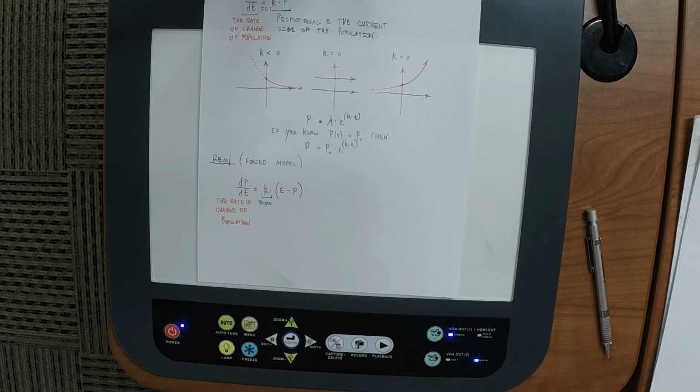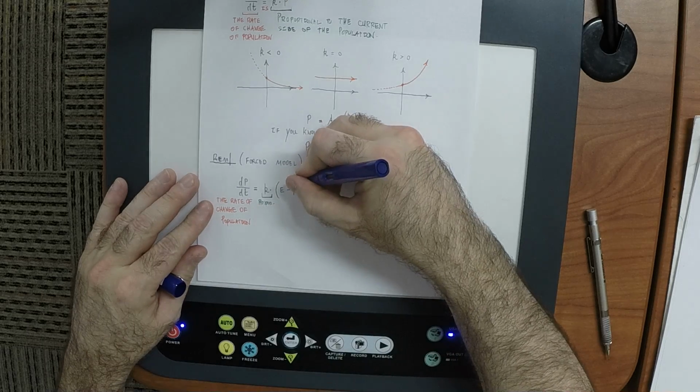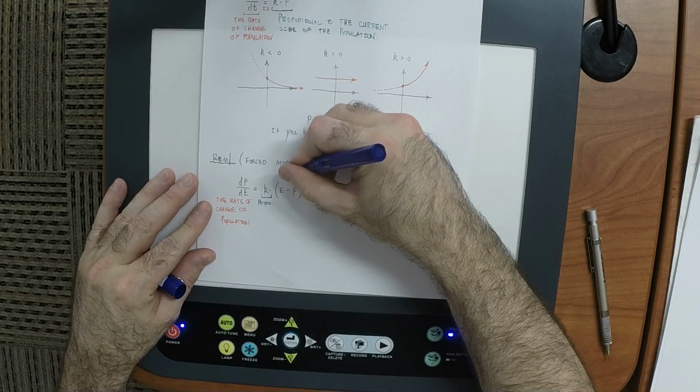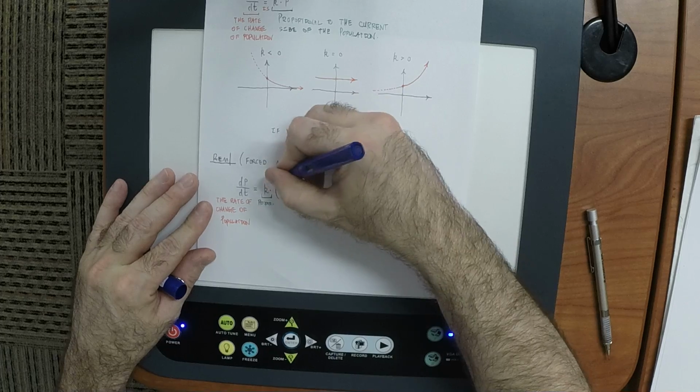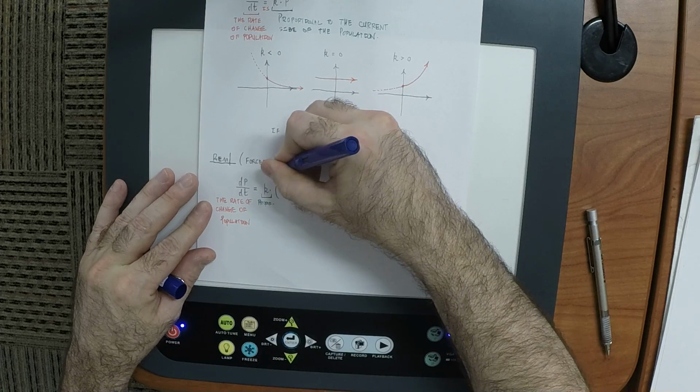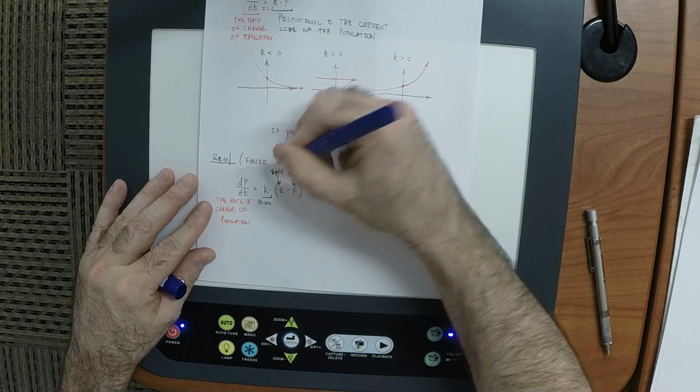Now, the way that we're going to interpret these is, of course, P is the current population, and E we'll interpret as the environment.